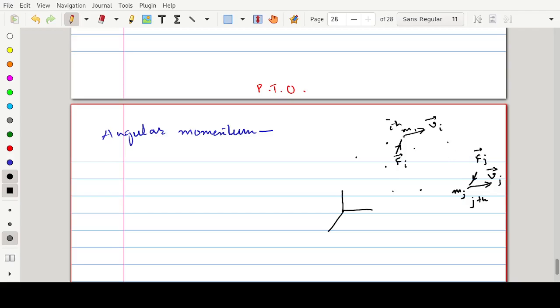Now these two particles also apply force to each other, so that force is denoted by Fij, force on ith particle from the jth particle, and equal and opposite force due to Newton's third law, Fji.